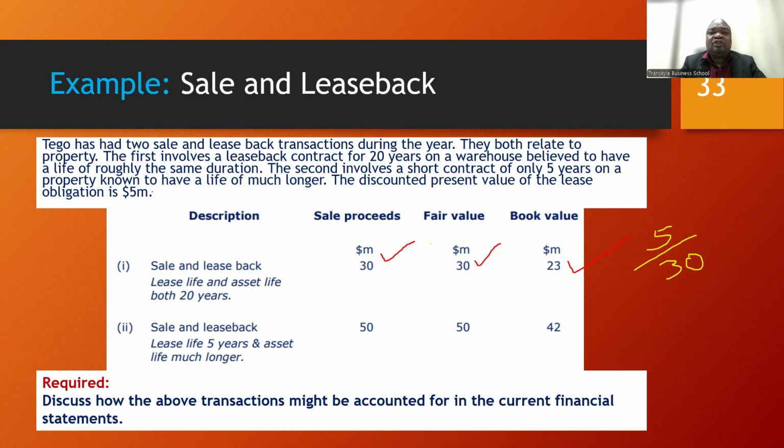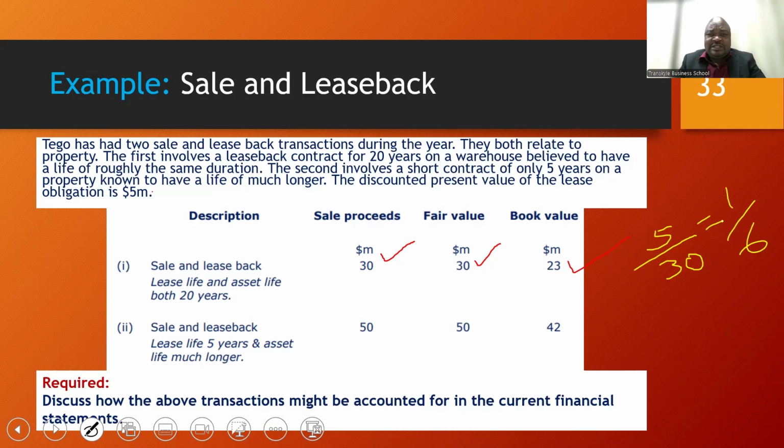Remember, he is consuming the rest of the asset's life. At the end of the lease, that will be the end of the asset's life. So almost about 1/6 of the asset's life.